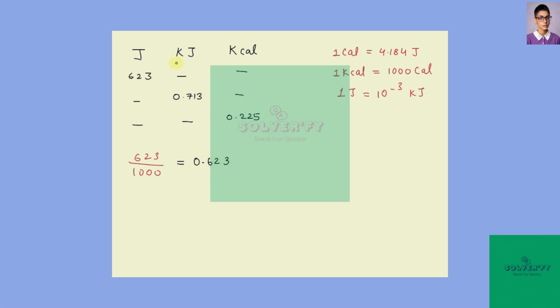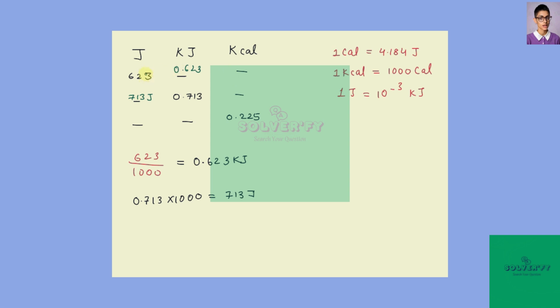Hence, here we can write 0.623 kilojoule. Now, we are having the kilojoule value. We can convert it into joule if we multiply the kilojoule value by 1000. On doing so, we are getting the value 713 joule. Therefore, we can write here 713 joule.